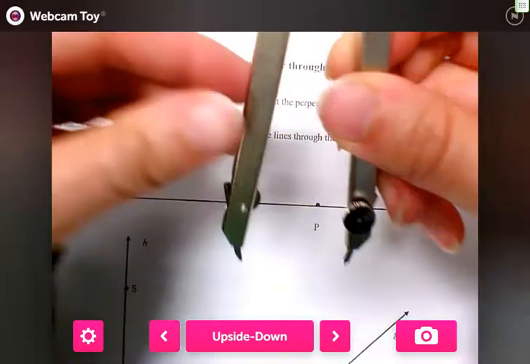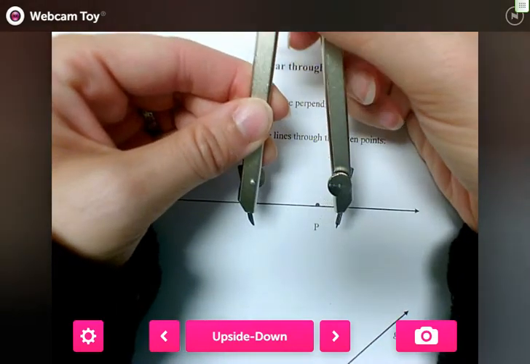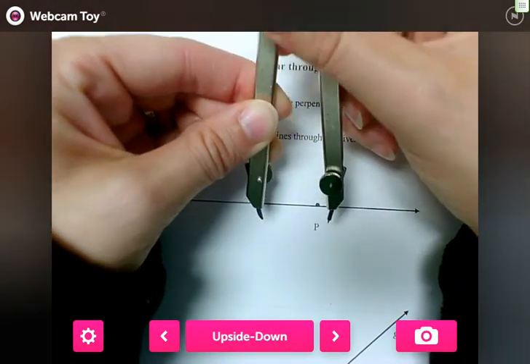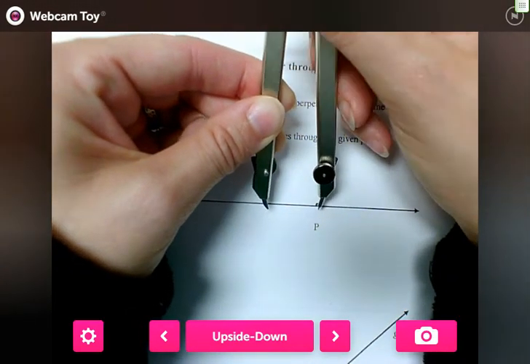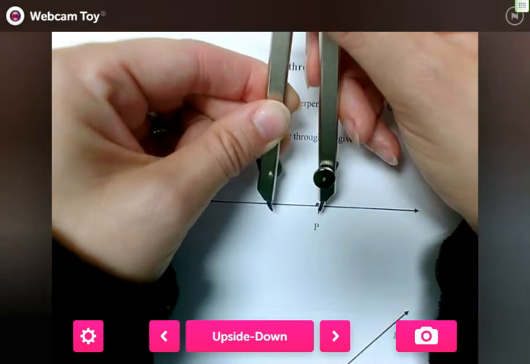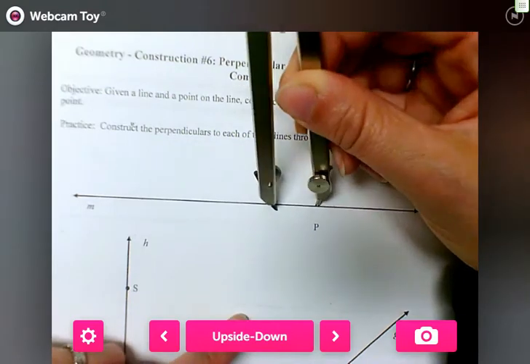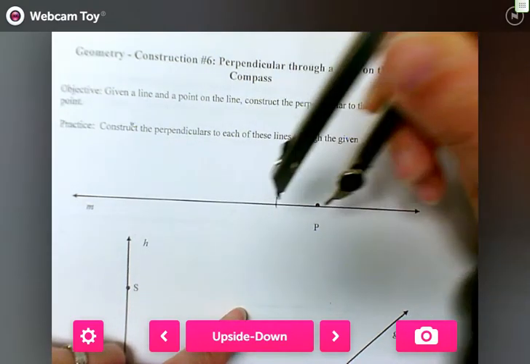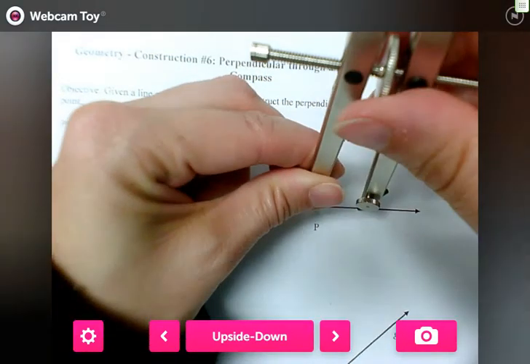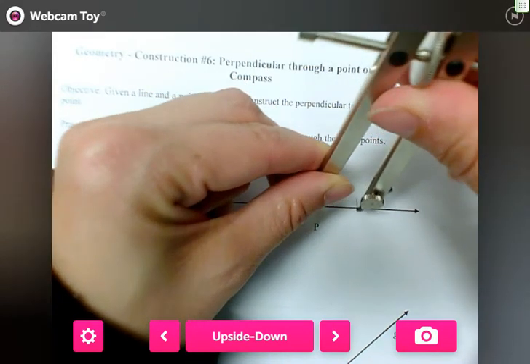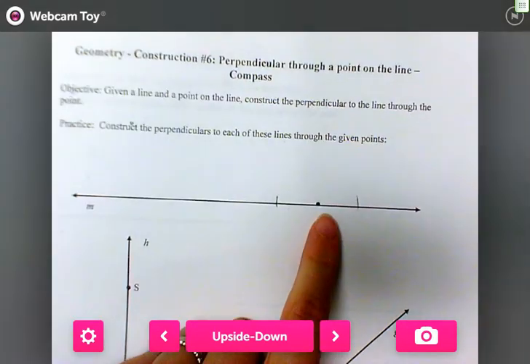And what I'm going to do first is use my compass to make a little measurement. I'm going to make my compass smaller, and make an arc here, just a little one, and then I'm going to flip it over and make an arc in the other direction. That is guaranteeing us that P is right in the middle.